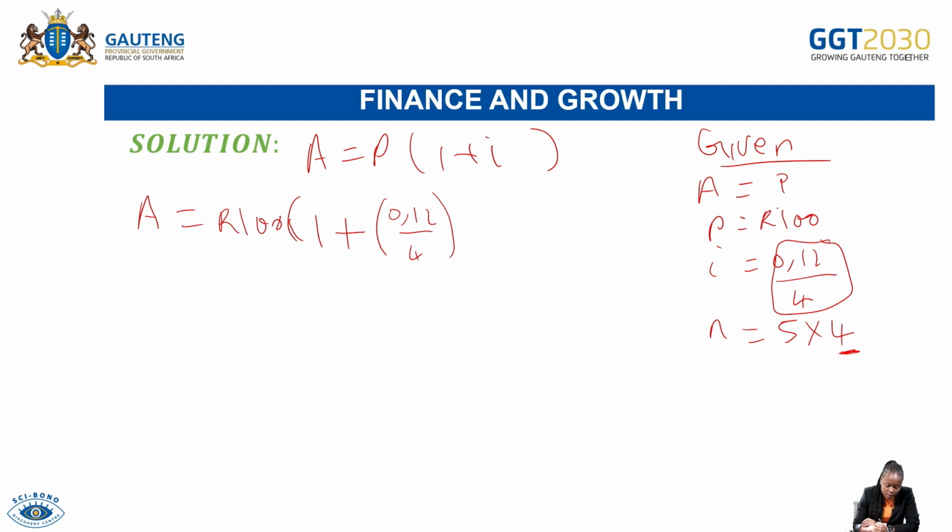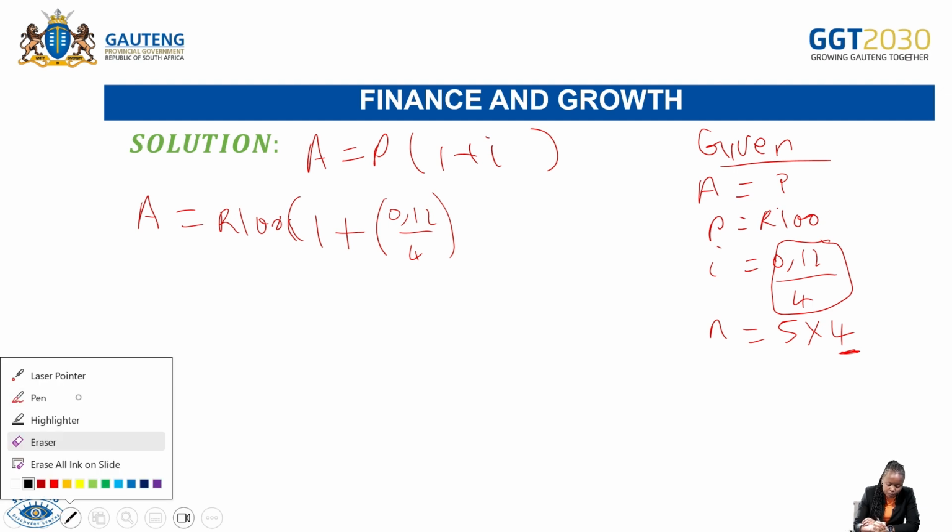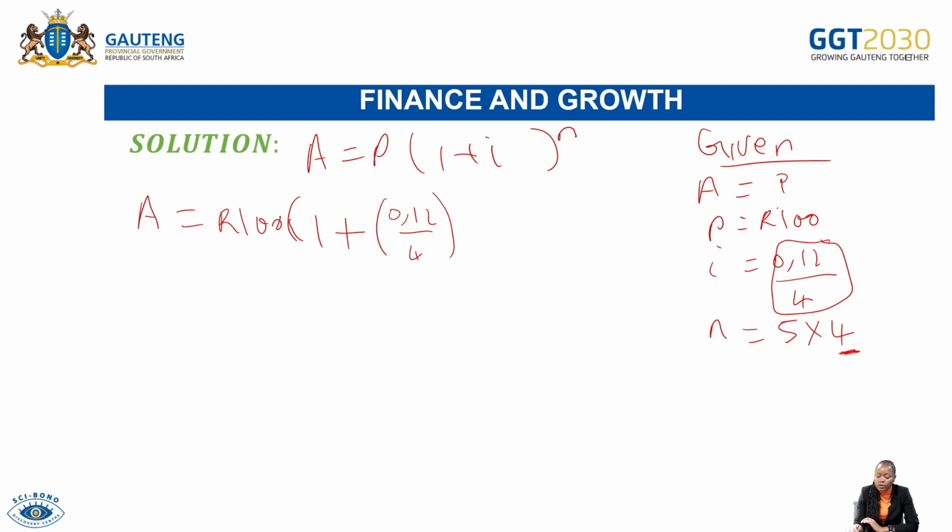Let's erase that. It's compounded, so you need to use the formula of compound interest. So your N is going to be 5 times 4, right?